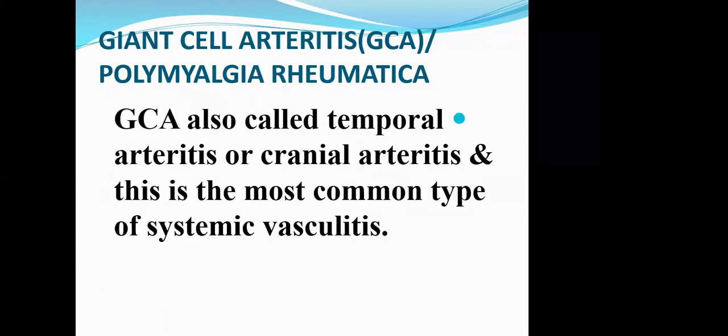Now we will give a short talk about one type, giant cell arteritis and polymyalgia rheumatica. Giant cell arteritis is also called temporal arteritis because of involvement of the temporal artery, or cranial arteritis, and this is the most common type of systemic vasculitis.